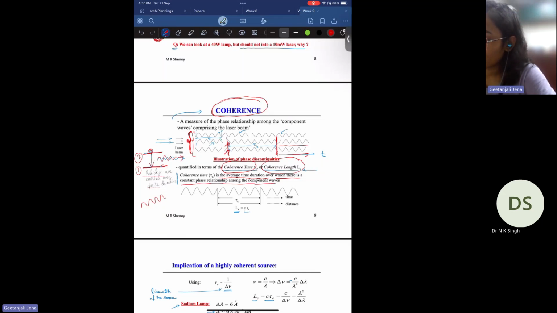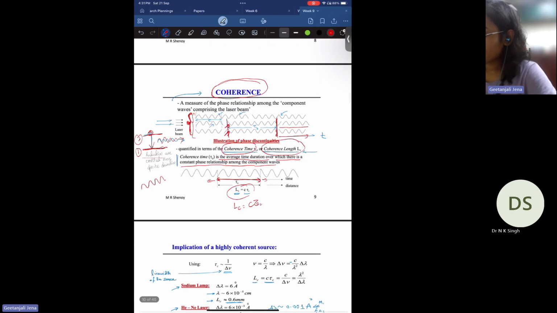If you see this figure, only over this time there is a constant phase relationship, and after that there is an abrupt change in the phase on both sides. So we can also define the coherence length of this laser, which is LC equal to C tau C.